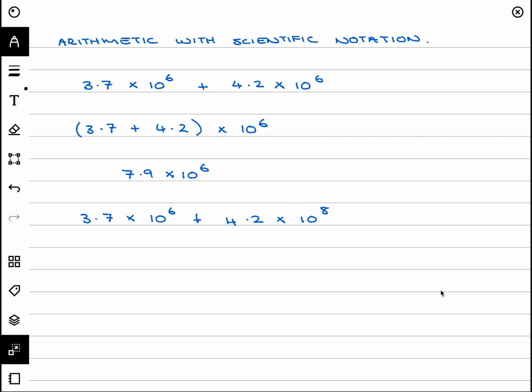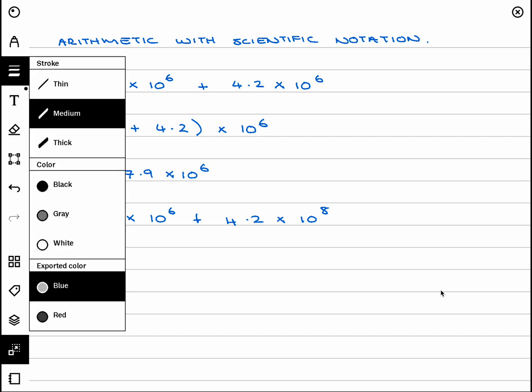What we want to try to do is write this in terms of 10 to the 8. So this 10 to the 6, we want to try to convert it. To be able to do that, we have to have 6 plus 2 more. So we're going to take 1, 2, and we're going to put a 0 and the decimal place goes here.